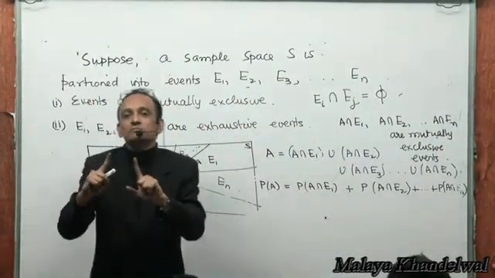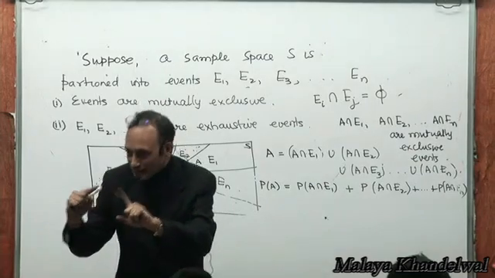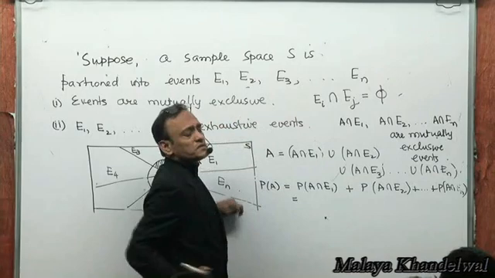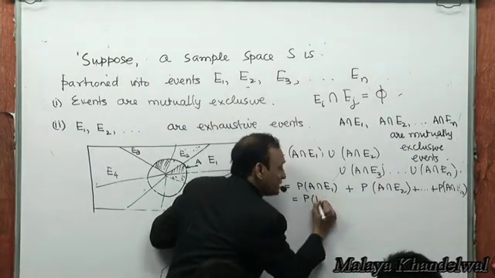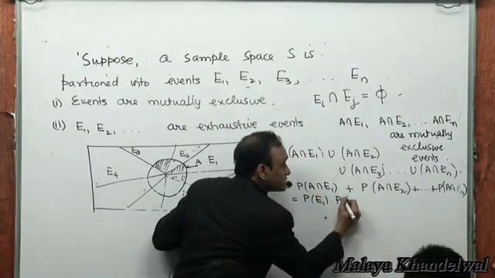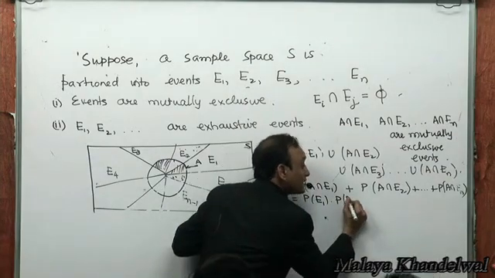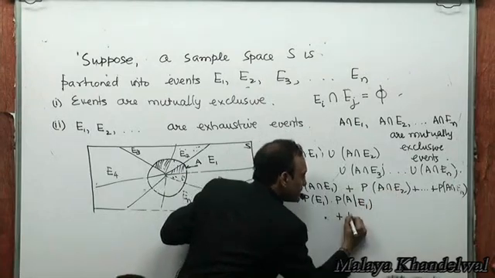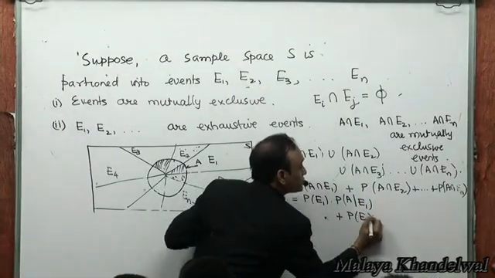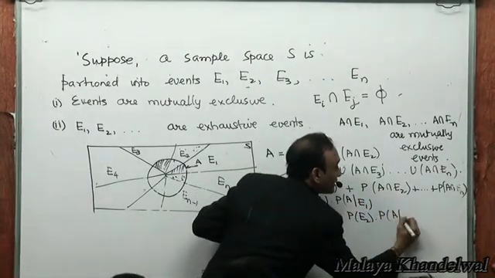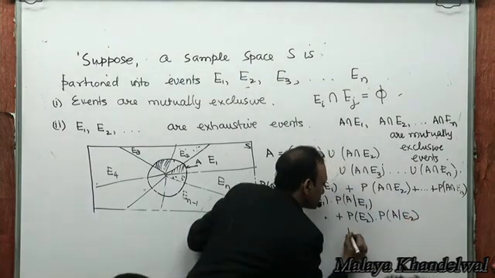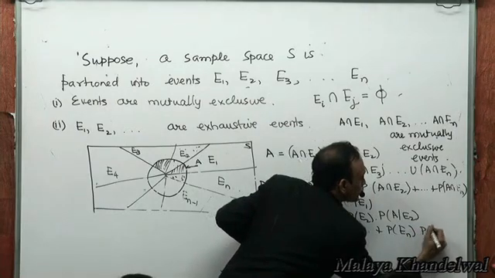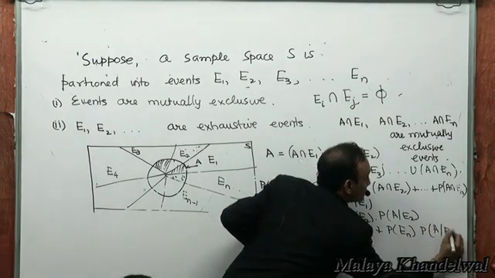Now, from conditional probability that I just delivered to you a little while ago, this is probability of E1 into probability of A given that E1 occurs, plus probability of E2 into probability of A given that E2 occurs, plus probability of En into probability of A given that En occurs.